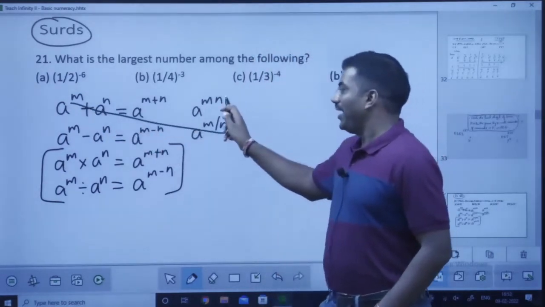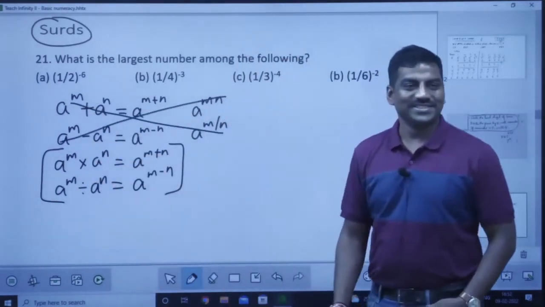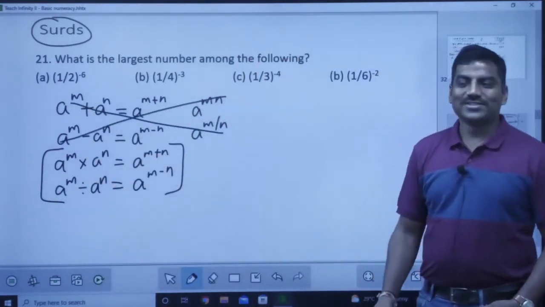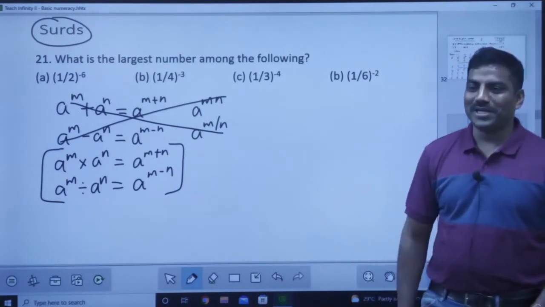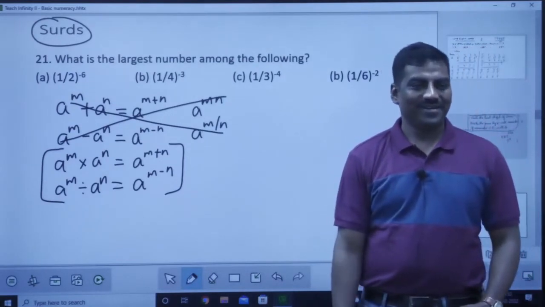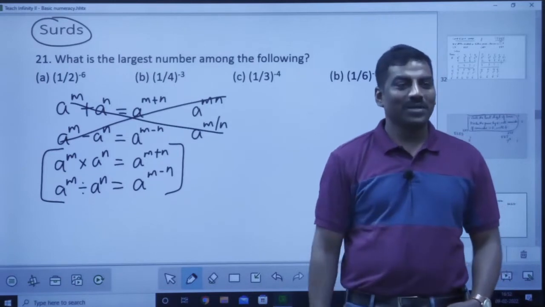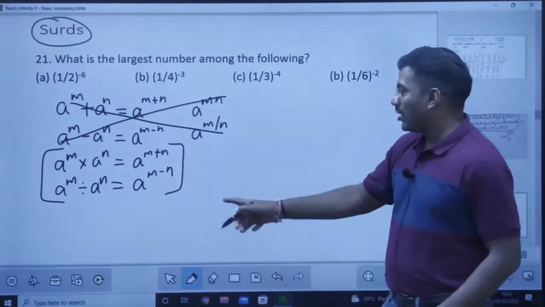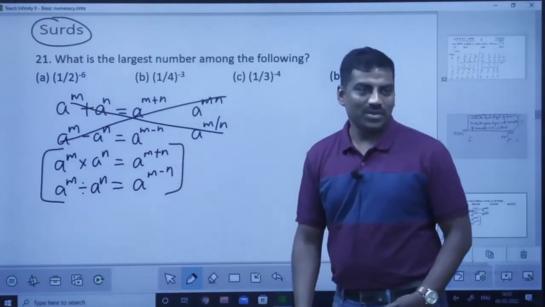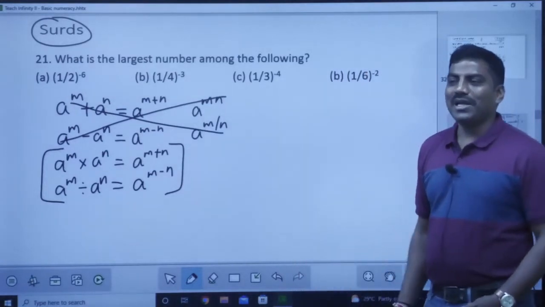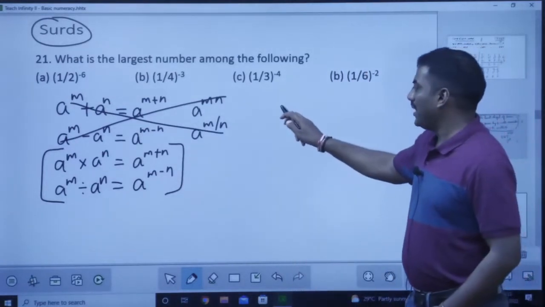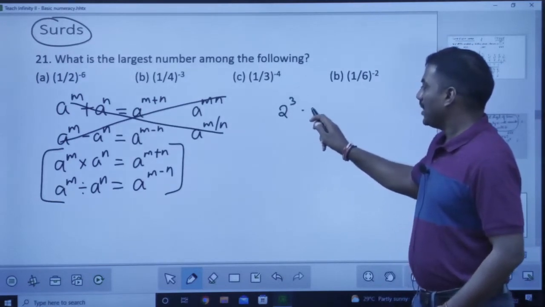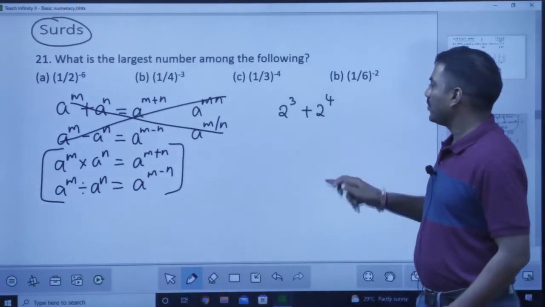This is absolutely nonsense. There is no shortcut for a to the power of m plus a to the power of n. And even for a to the power of m minus a to the power of n, there is no shortcut. But for here, we have. Take the example and work out. For example, 2 to the power of 3 plus 2 to the power of 4.